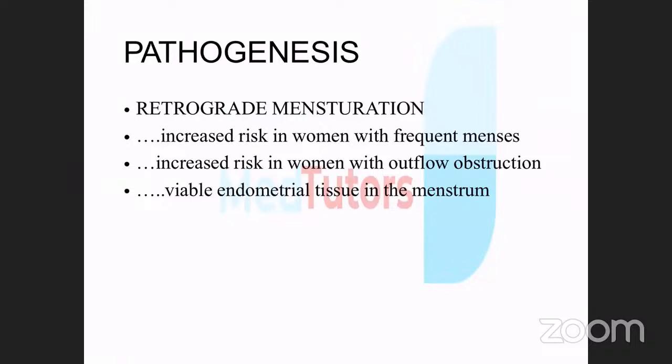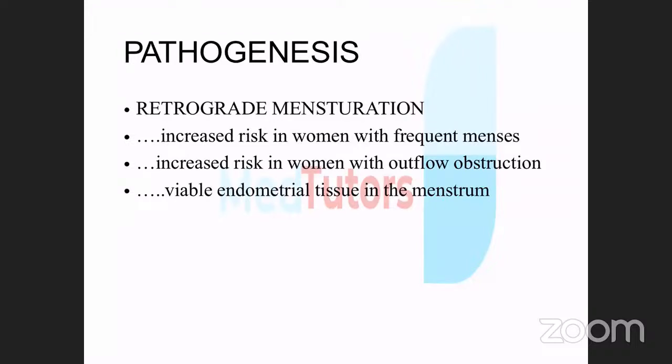Now, why is retrograde menstruation thought to be a risk factor for endometriosis? This is because the incidence or the risk is higher in women with frequent menses. In addition, the risk of endometriosis is higher in women with any obstruction of the genital tract, such as women who had imperforate hymen, transverse vaginal septum.